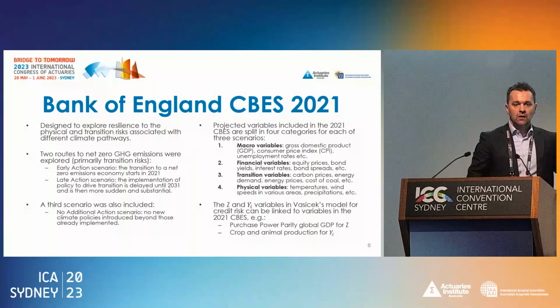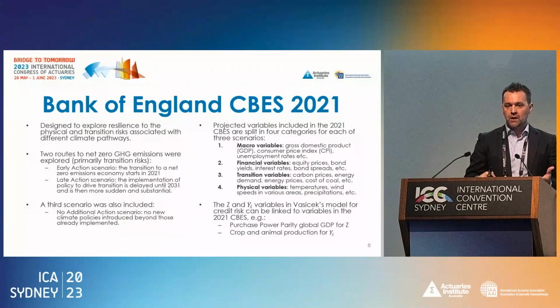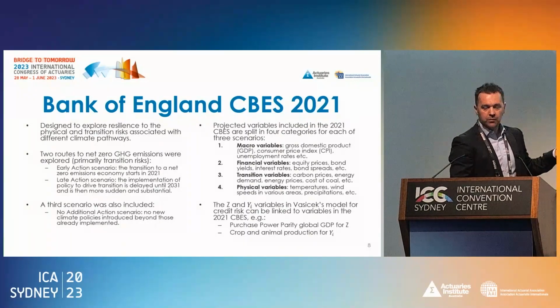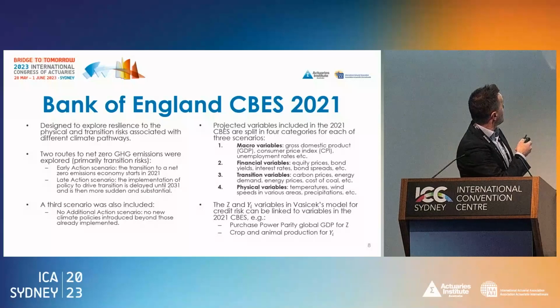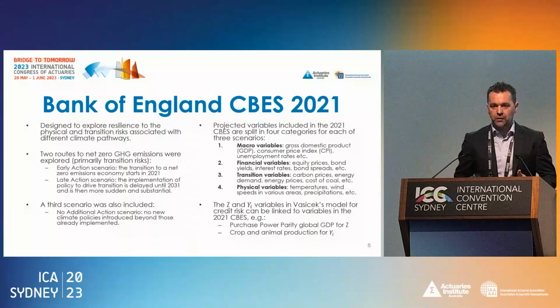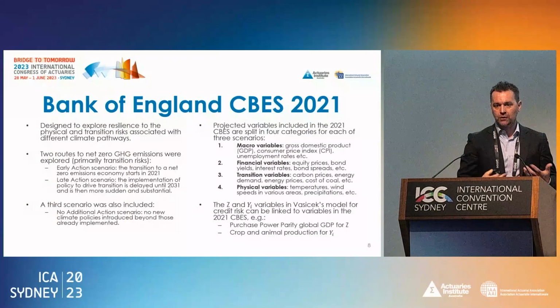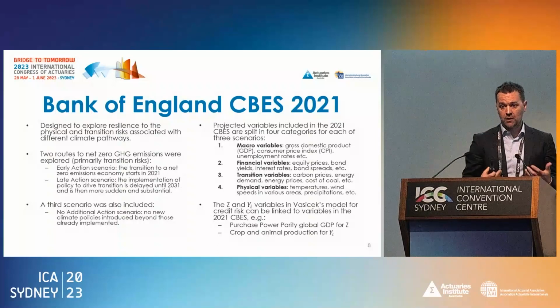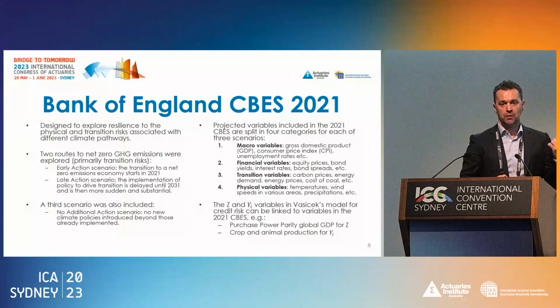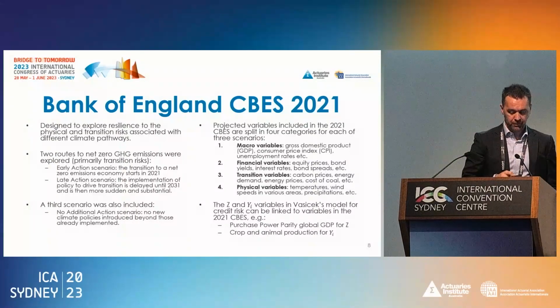They projected 4 groups of data over the next 50 years for companies to estimate the impact on their balance sheets: macroeconomic, financial, transition, and physical. I'm not going to talk too much about this data because it's too much to analyze. The interesting aspect is that we found the macro variables are the more credible variables. Therefore, for our framework, we use 2 data sets from the macroeconomic group.